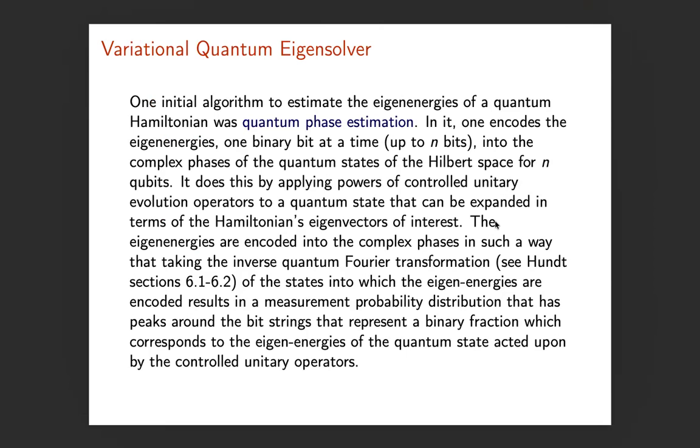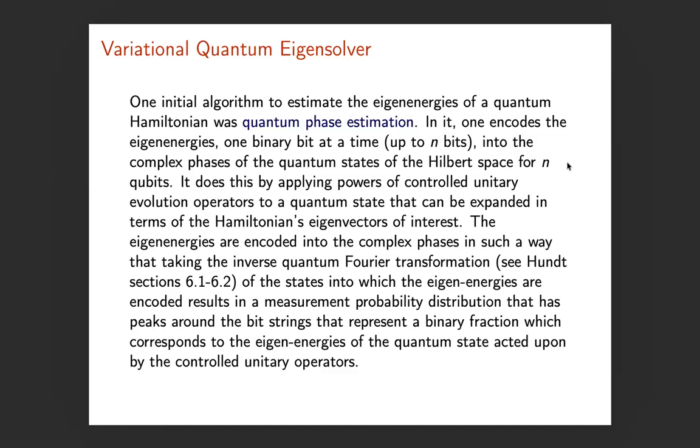The initial algorithm to estimate the eigenenergies of a quantum system was something called the quantum phase estimation algorithm. This is less efficient because it leads to many more gate operations. And in this kind of noisy quantum stage where we are now, this can become impossible to implement properly.